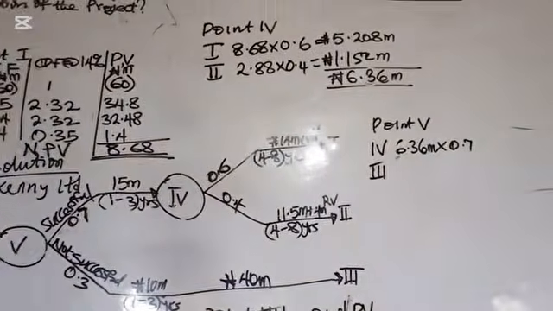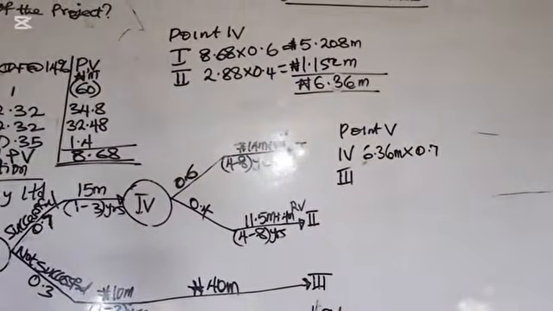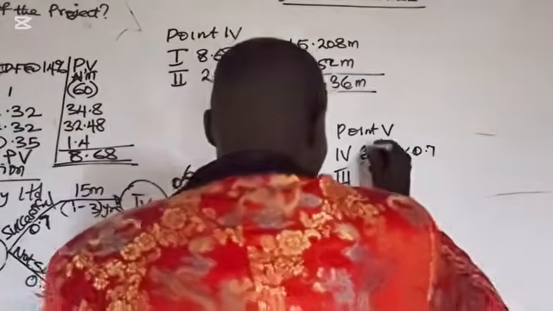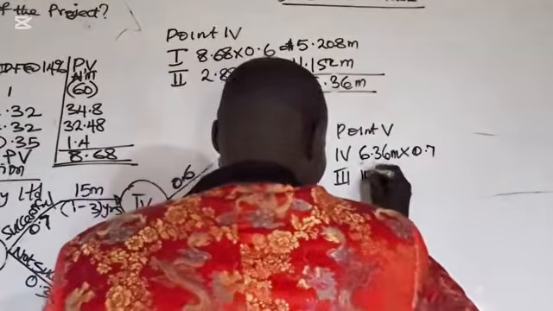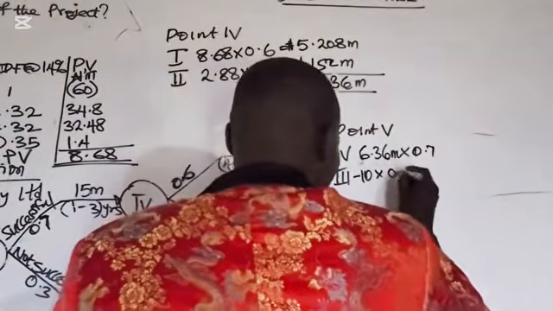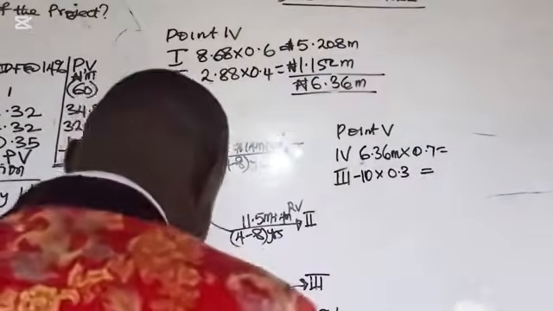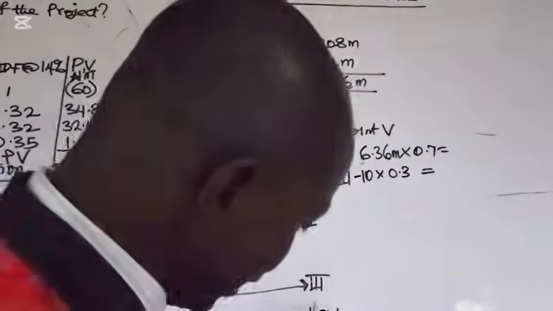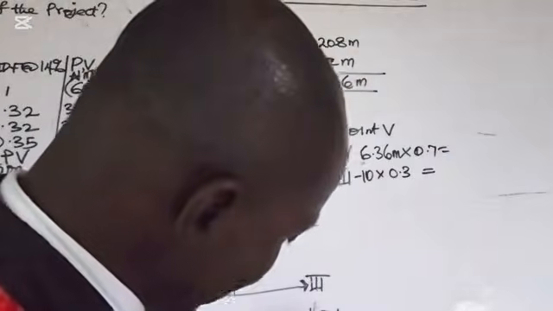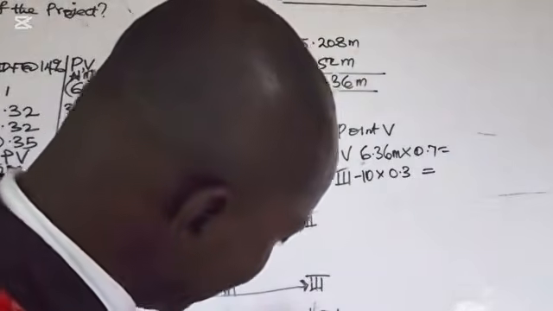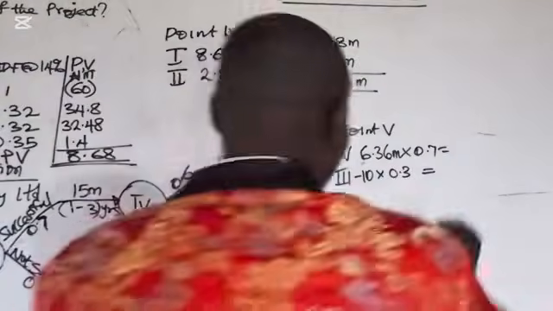So if you substitute that, we have negative 10 times 0.3. So that will give you the expected value. 6.36 times 0.7 gives us 4.452.